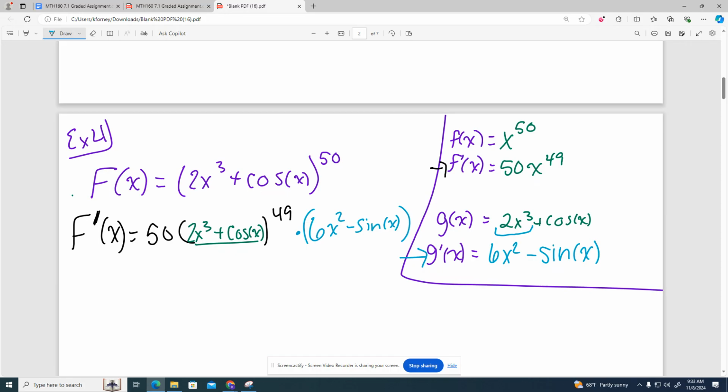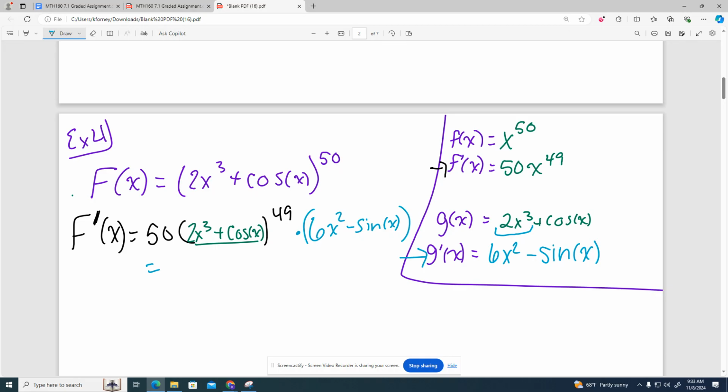You could distribute the 50 through here, I'll say it doesn't really simplify anything when you distribute it. But you can. That would become 50 over 6x squared minus 50 sine x. Over 6? Oh, no. Thank you.